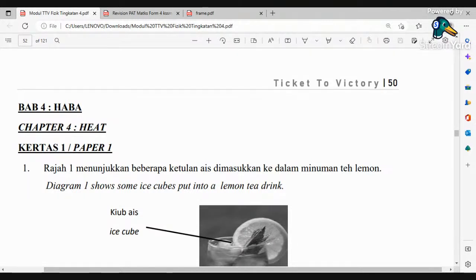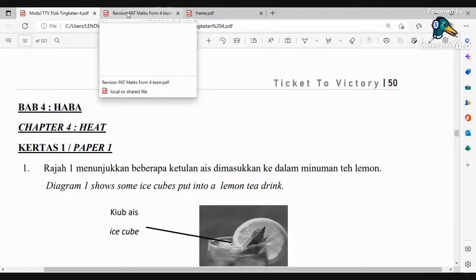All right, today we continue our online class series, Revision Physics Form 4. Today we continue on Chapter 4, Heat. Before that, let's refresh what we have discussed in Chapter 4, Heat, some important points.